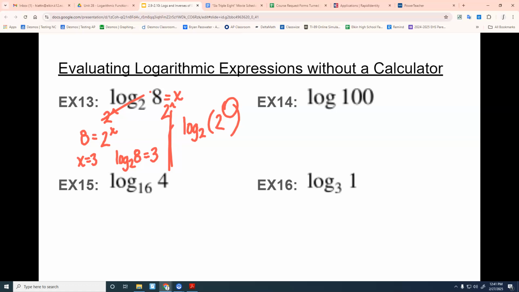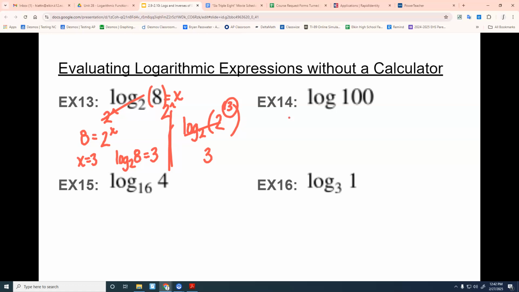So 8 can be written as 2 to what power? 3. So I could rewrite log base 2 of 8 as log base 2 of 2 to the 3rd, and log base 2 of 2 cancels, and I'm just left with the 3 right there. So you have both of those options of dealing with this.